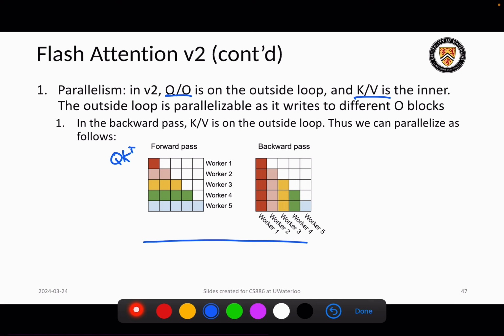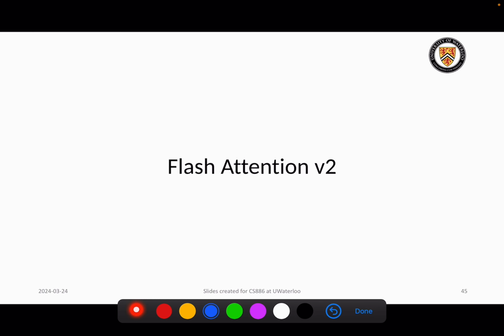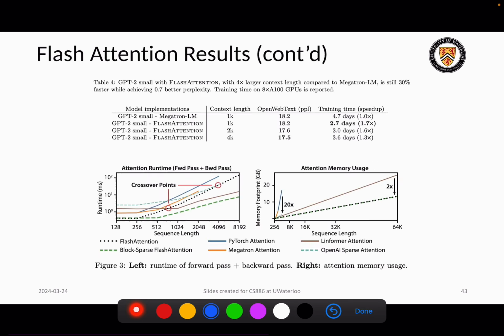If we parallelize across Q, what does that mean? That means we have one worker starting here and then going this way. Recall that before, we computed like this first, and then this, and then this, and then this, and so on.